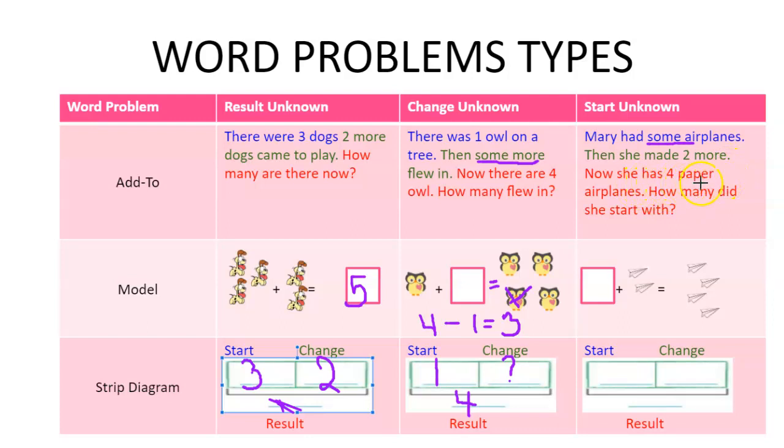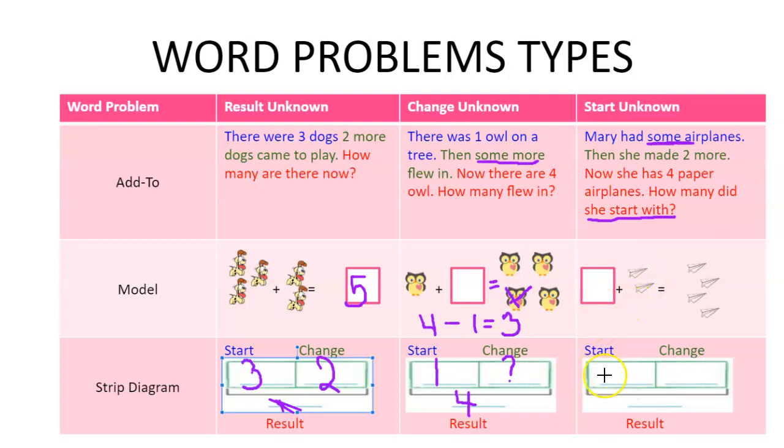Now she has 4 paper airplanes. How many did she start with? So here, the start is unknown. They just tell us some. It doesn't give us a number, and that's what they're trying to figure out. So in your question, it says they're trying to figure out what was the start. That's our unknown, what we don't know.